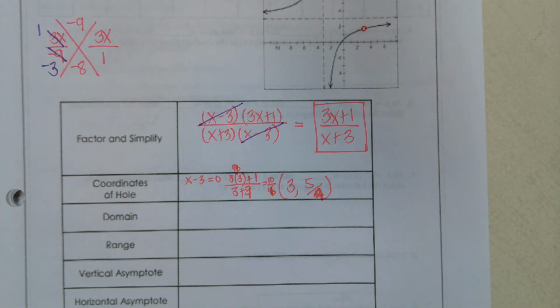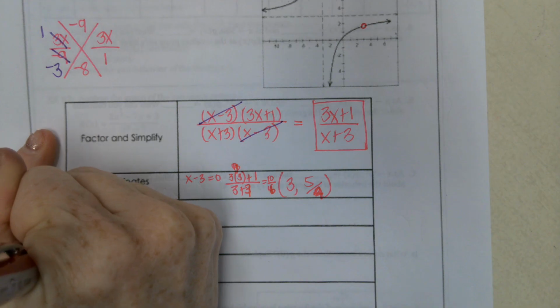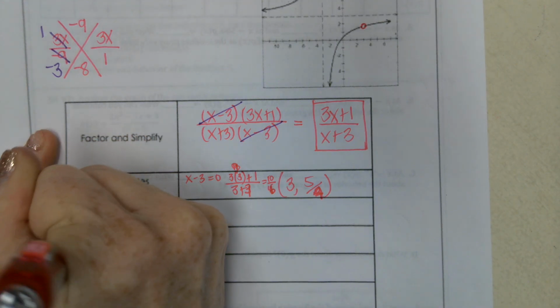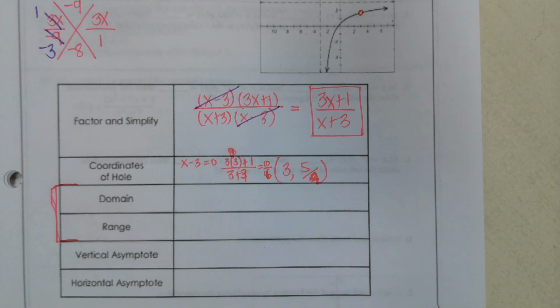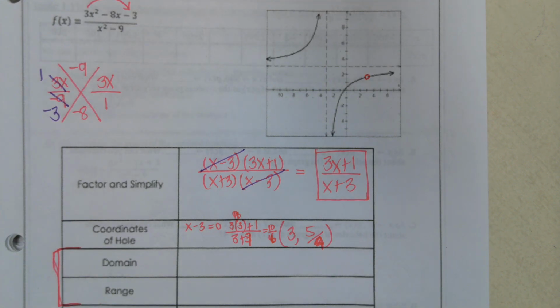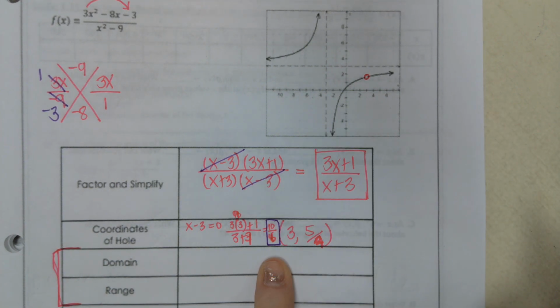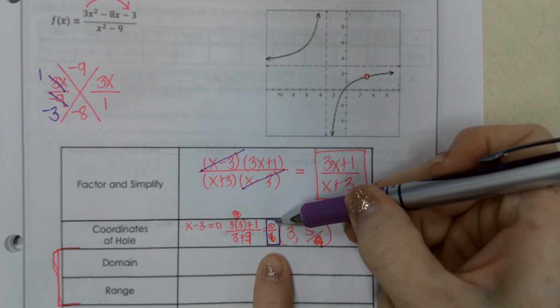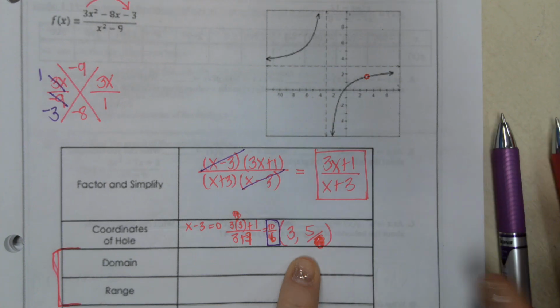Before I identify my domain and range, I hold this until last. I'm going to wait to do my domain and range until after. I simplified 10 over 6. I divided by 2. Oh, that should be 5/3. Golly, y'all.